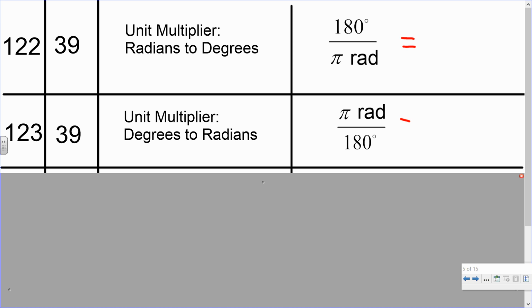Except we never actually write them like that because we never actually label radians. So we only use that as 180 degrees over pi or pi over 180 degrees, and we never actually mess with writing out radians. The other thing that means, if no units are on an angle measure, it means radians.